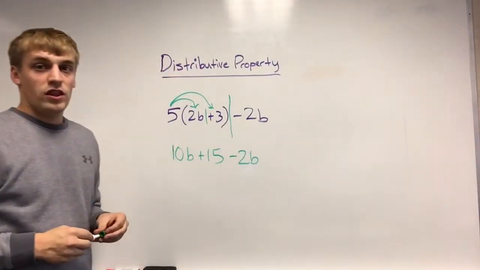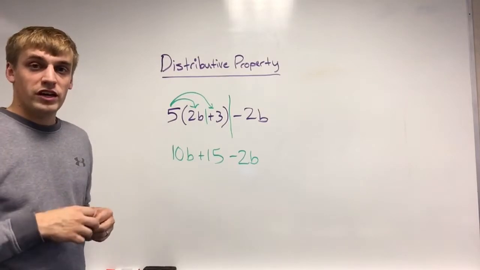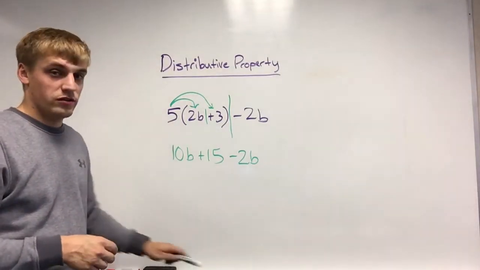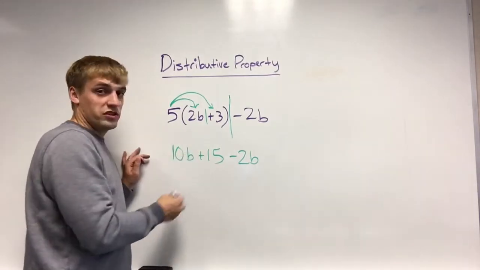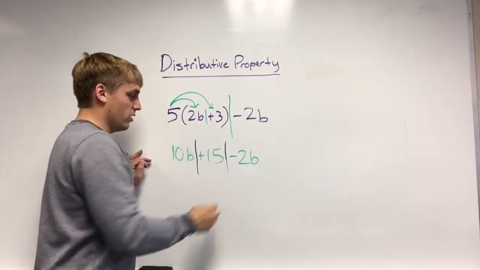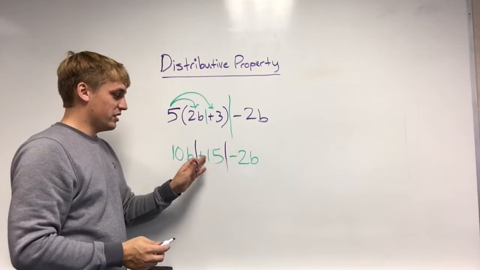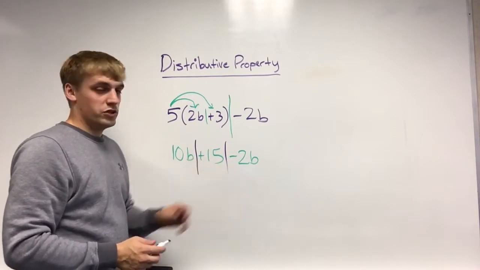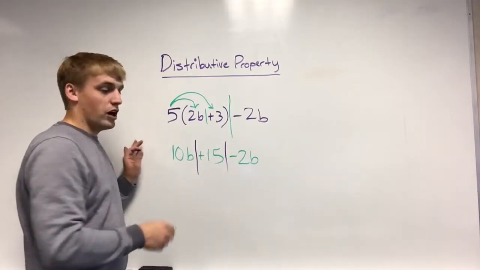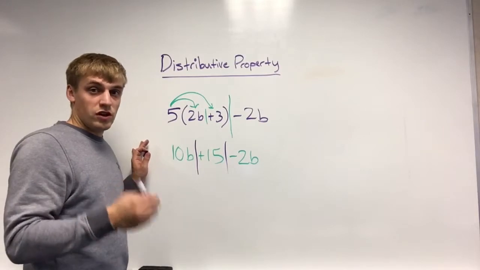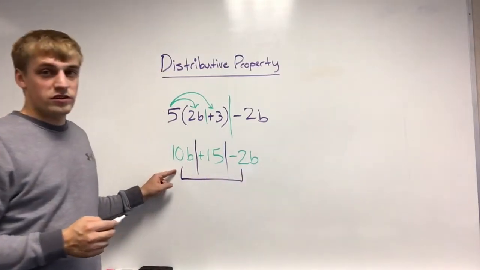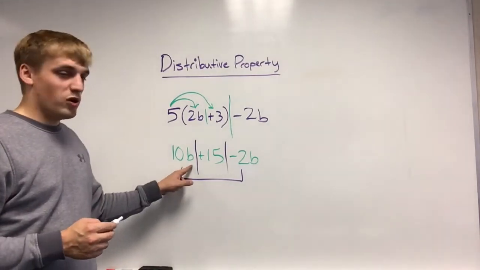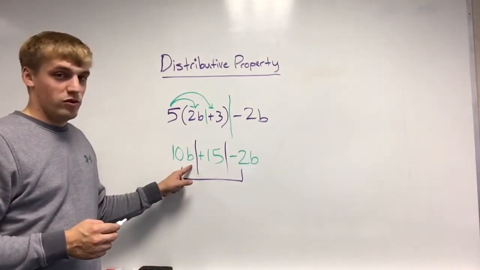The next step would be to combine the like terms in this expression. So we're going to split the terms up at the plus and minus signs, or addition and subtraction signs, and figure out which terms are like terms. The first and the third term are like terms because they both have a variable.